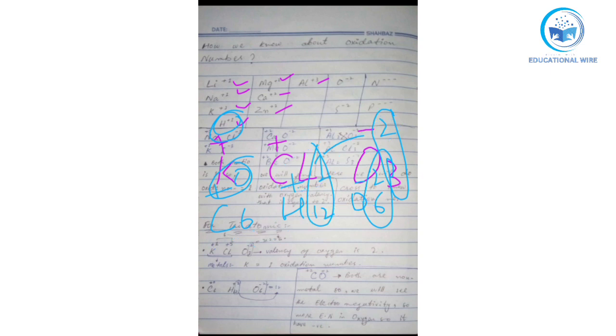Let's talk about non-metal and non-metal. Like we are having two non-metals over here, carbon and oxygen. How will we find the oxidation number of it, because both are non-metals? So we will use a technique that is called electronegativity. By the electronegativity method, we can find the oxidation number of it.